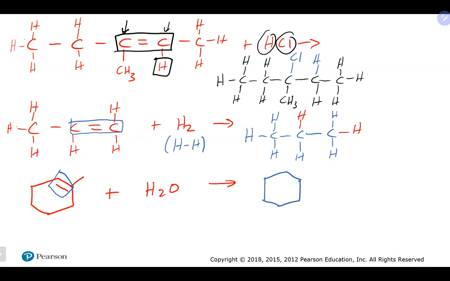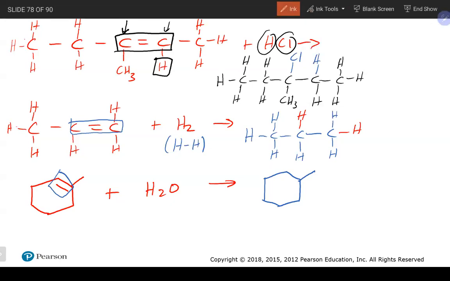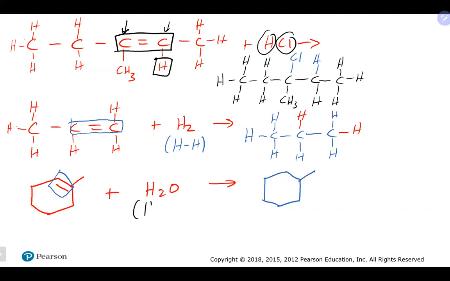I still need my methyl group that's hanging out there as well. In this case, though, we are adding water, which is unsymmetrical. So that's an H and an OH. In this case, it does make a difference where the H ends up. Let us super zoom in on where the double bond was originally, which is here.